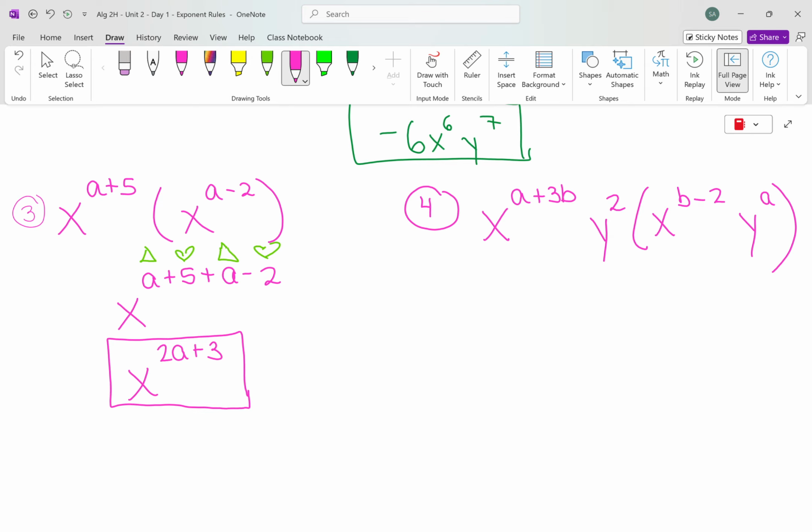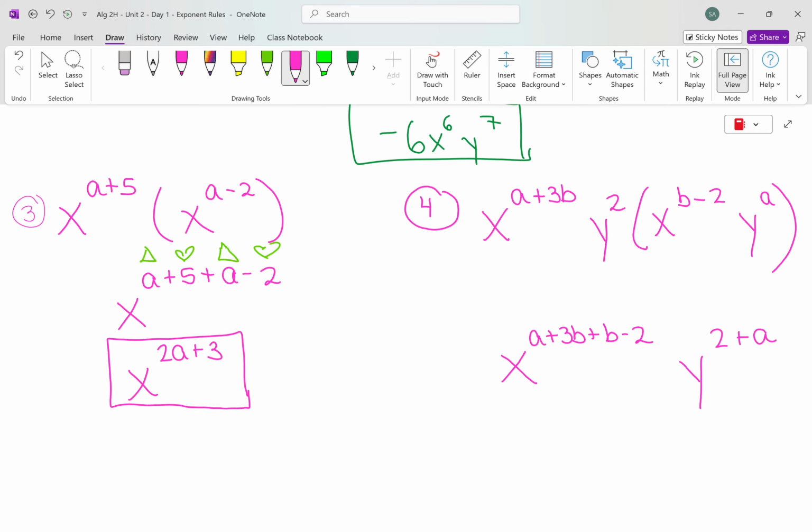Okay, same thing. I have two monomials that are being multiplied together, so I multiply the like variables. So I have x raised to the a plus 3b plus b minus 2 power, and then I'm going to have y raised to the 2 plus a power. When I'm simplifying, can I add the exponent on the y with the exponent on the x?